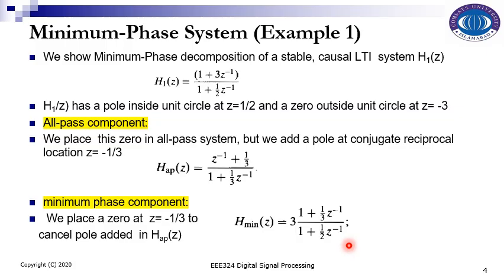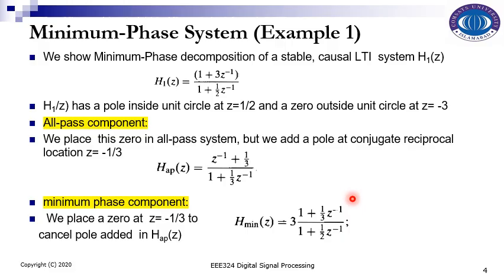Okay. So basically what we do is, when we have our h1 of z, we take those zeros which are outside the unit circle and move them to the all pass system. Then we add poles at the conjugate reciprocal location, and this zero that we have moved outside the unit circle, we move it back in also.